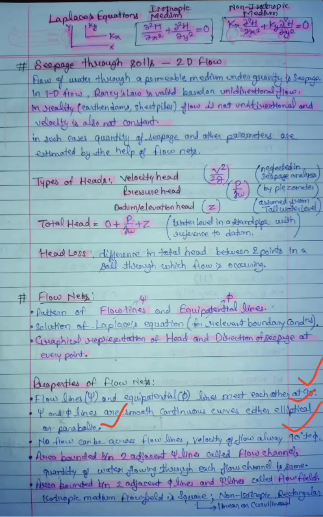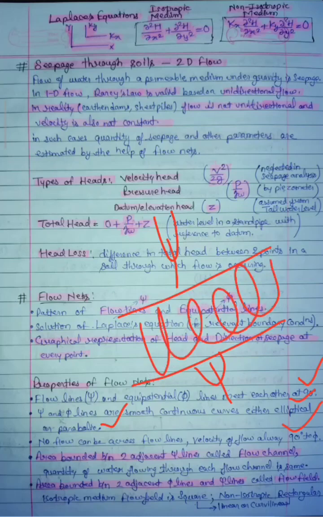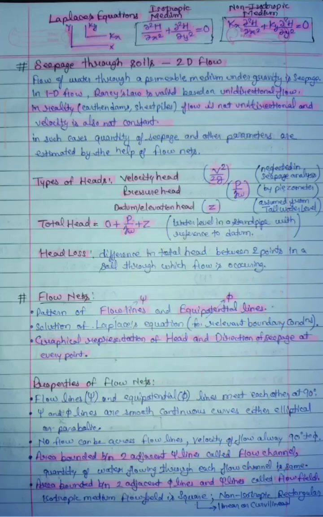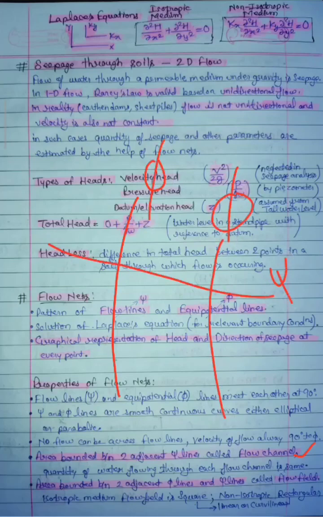The area bounded between two adjacent psi lines is called a flow channel. Quantity of water flowing through each flow channel is the same. Now this is phi line 1, this is phi line 2, this is psi line 1, this is psi line 2.